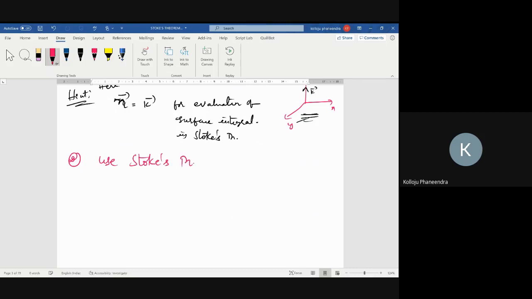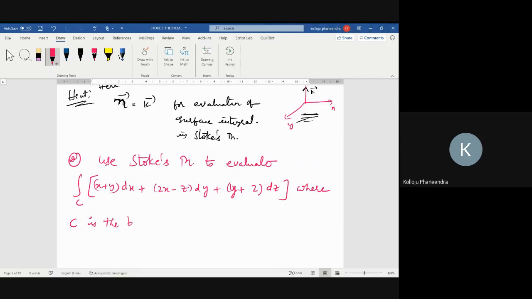Use Stokes theorem to evaluate the integral over C of x plus y dx plus 2x minus z dy plus y plus z dz, where C is the boundary of the triangle with vertices 2, 0, 0; 0, 3, 0; and 0, 0, 6.